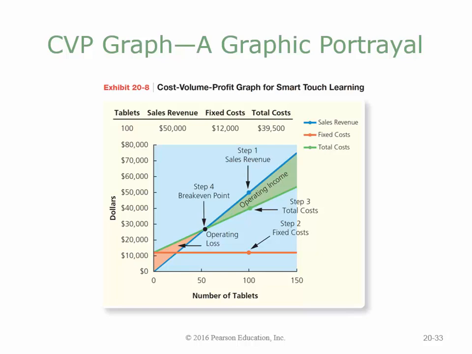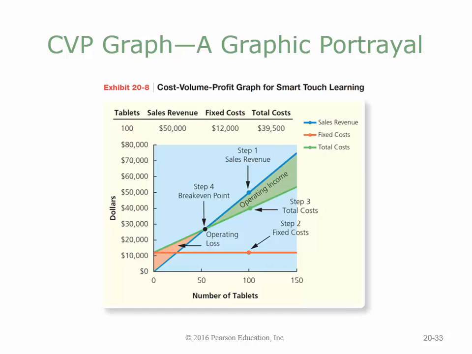All right. So here what they've done is they've graphed a couple things. Number one, they graphed the sales revenue. So sales revenue, if you think about it, is a variable sort of relationship. If you sell 0 products, you make 0 revenue. If you sell 1 product, you make whatever it is. I think it was 500 a unit. And so it just goes up in a straight line. That's the blue line, sales revenue.